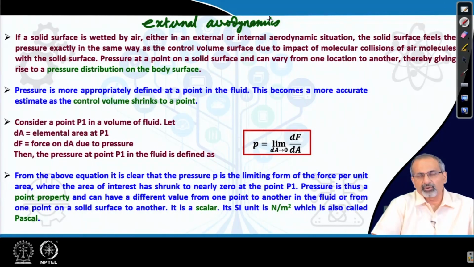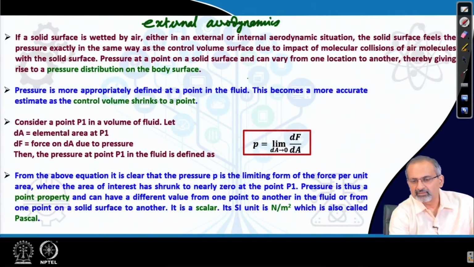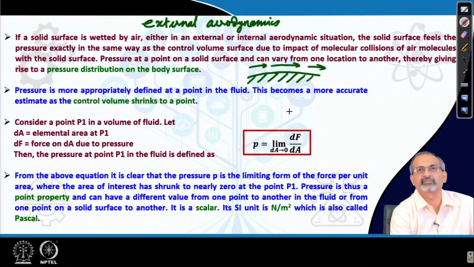Now, pressure at a point on the solid surface can vary. So, as we move from one point of the surface, so let us say if this is the surface and this is the velocity field which is existing across the surface, we might find that as we look at different locations on that surface, the pressure would be different at different points.